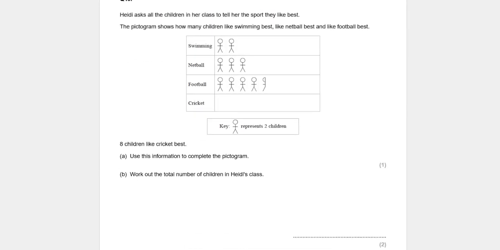Heidi asks all the children in her class to tell her the sport they like the best. The pictogram shows how many children like swimming best, like netball best, and like football best. So we can see this pictogram, and the key is one of these people represents 2 children. 8 children like cricket best.